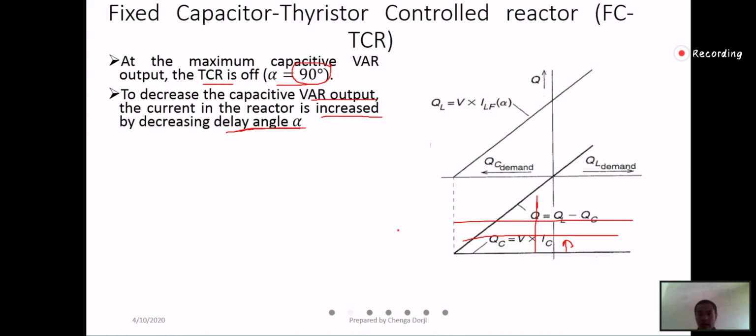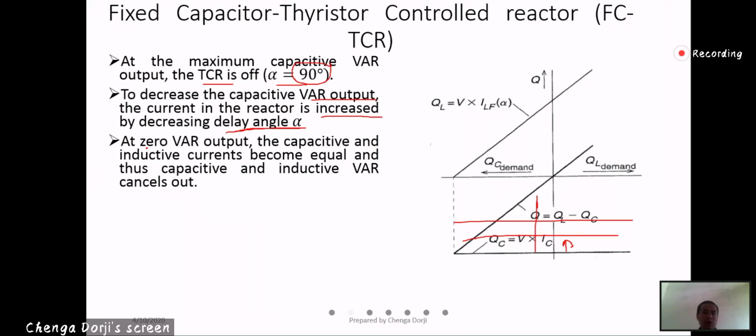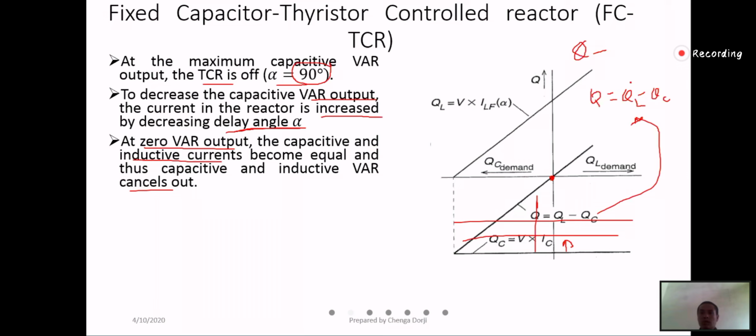At zero var output, the capacitive and inductive currents become equal, and thus the capacitive and inductive vars cancel out. From the formula Q is equal to QL minus QC, when Q is equal to 0, QL is equal to QC, and these two cancel each other. That is at zero var output.